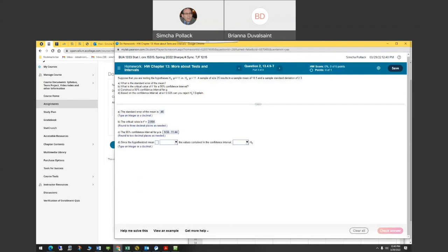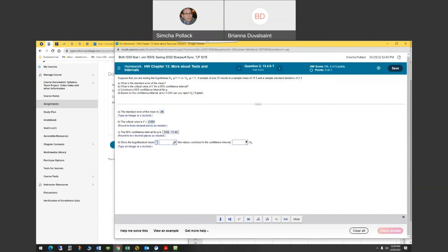Now comes the hard part, which is the interpretation. Since the hypothesized mean, which we know is 10.5, less than, let me make sure it's right, then I'll explain.